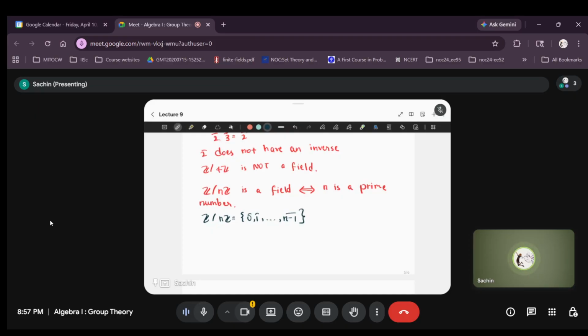You have to find a B for every A such that AB is one mod P, right? Use the preliminaries we had done when we are doing GCD.